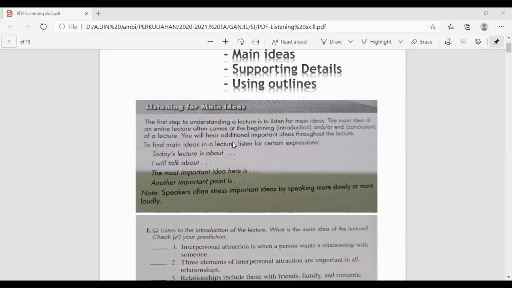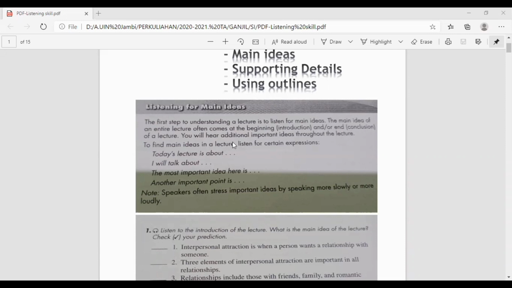So when you want to find out the topic or main idea of a lecture or a talk, don't miss the first sentence at the beginning of the lecture, because the main idea usually will be stated at the beginning as well as at the end as a conclusion. And then you will hear additional important ideas throughout the lecture.